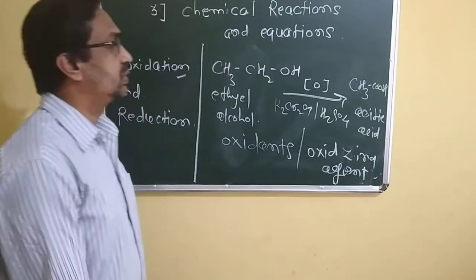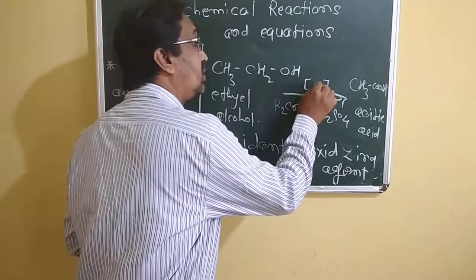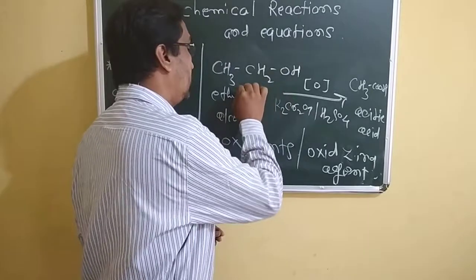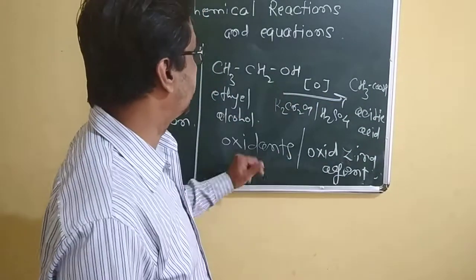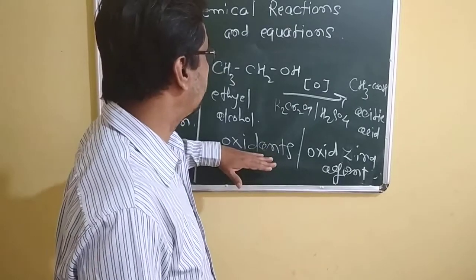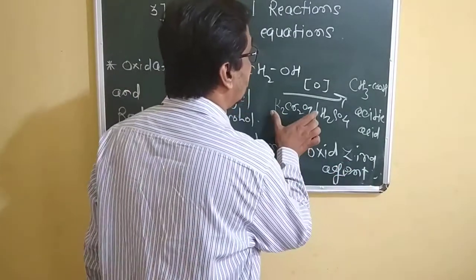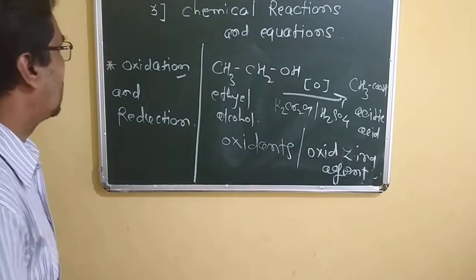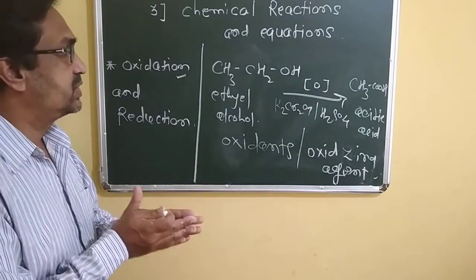The substance which supplies the oxygen needed for ethyl alcohol to convert into acetic acid is the oxidant or oxidizing agent, that is K2Cr2O7.